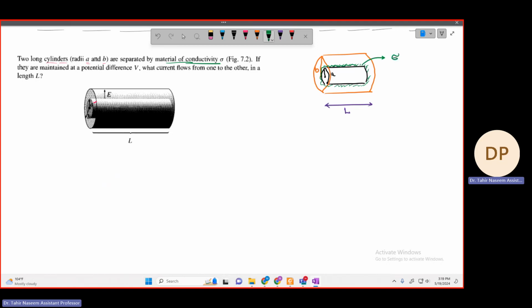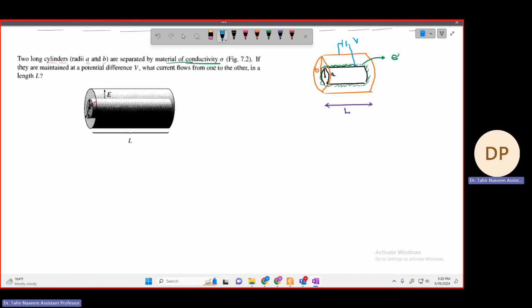So if we apply a potential difference, we can assume a battery, connect the positive terminal to the outer cylinder and the negative to the inner cylinder. Due to this potential difference V, the current will start flowing, right? Because these two cylinders are connected via conducting material, right?